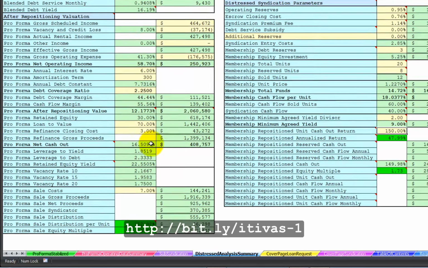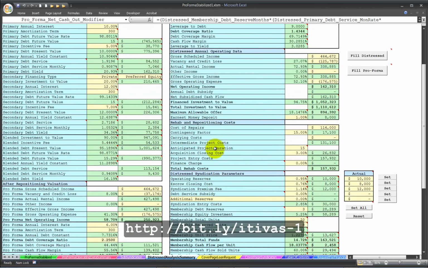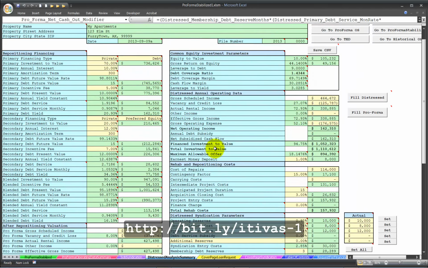This is handled through a complex equation that determines your cost of financing to get into the project as well as funding the syndication parameters and then working backwards to redeem the senior financing tranches.